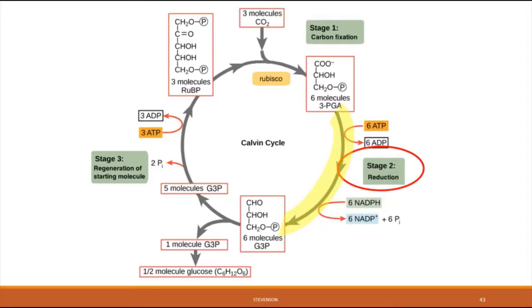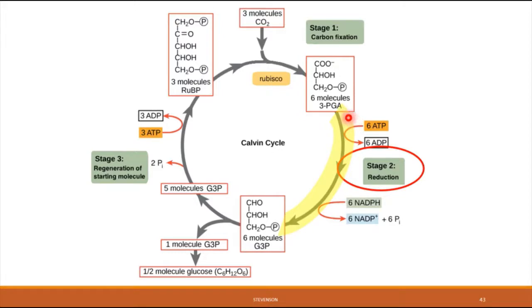So in the first step of carbon fixation, we saw CO2 brought in from the atmosphere and get attached to an existing molecule called RuBP and then split in half to make these molecules of 3-PGA. In stage 2, which is called reduction, this is where we are going to see the products of the light-dependent reactions come into play.